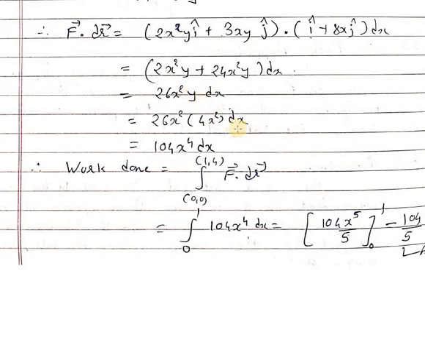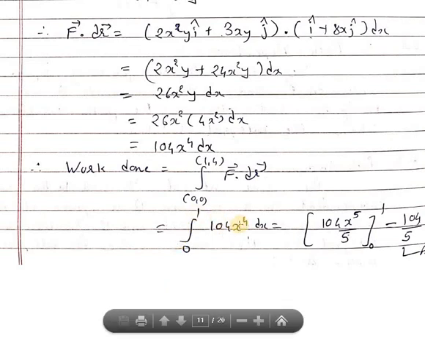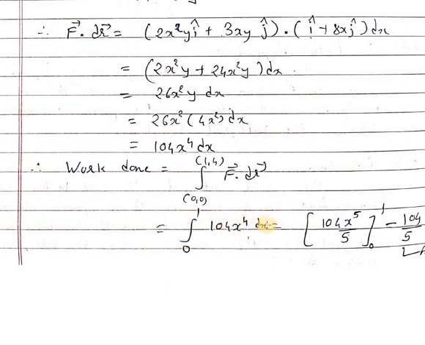We have to reduce the whole integration to one variable, so we put the value of y in terms of x, and that's why your integration is now in terms of x. So your work done from (0,0) to (1,4), the integral of F dot dr, will be the integration from 0 to 1 of 104 x raised to 4 dx.